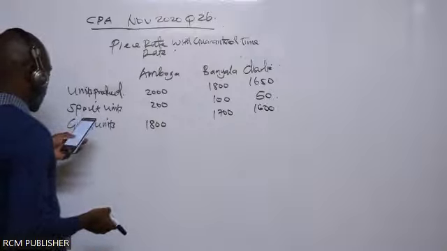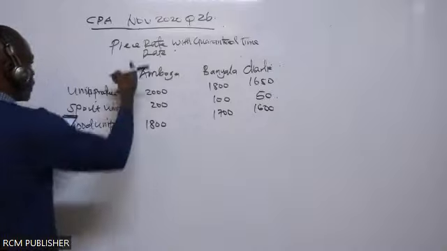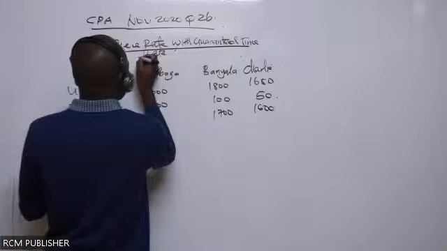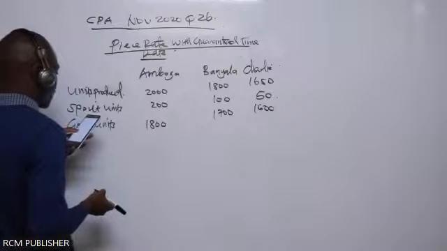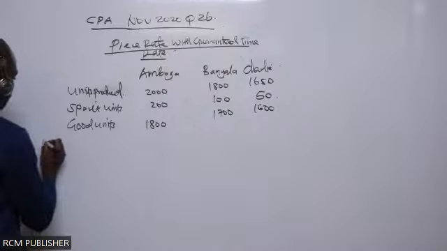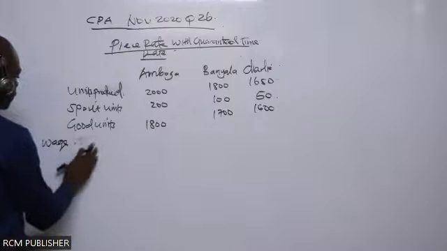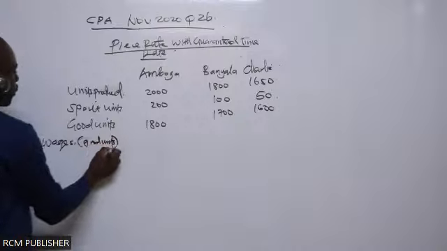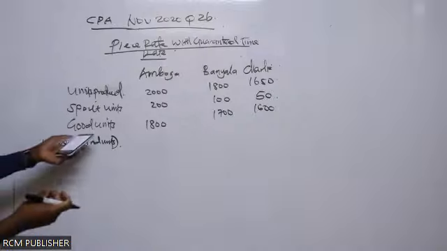Then down there we are being told to determine the wage payable to each employee under the 2 labor remuneration methods. So we are starting with the piece rate method. The company pays its casual workers shillings 25 for every good unit. So the wages for good units, they're going to be paid 25 shillings per unit of good product.